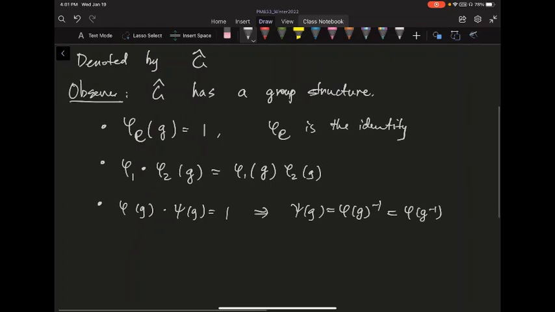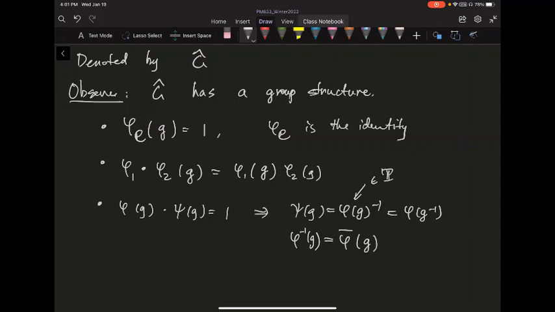Another way of thinking about it is that phi of g is inside the unit circle, so its inverse is essentially just its conjugate. So you can also say this is just the conjugate of phi of g. Clearly, if phi is a character, its conjugate is also a character. So the conjugate is the inverse, phi inverse of g. Basically, now we have a group structure on this G hat.